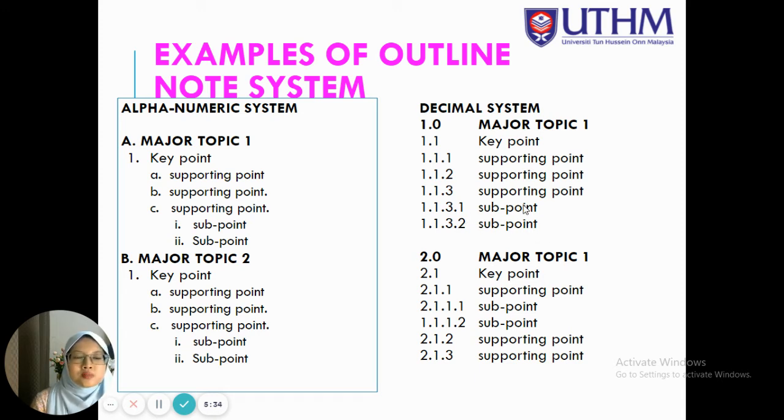These subpoints belong to 1.1.3. Normally people in offices use this kind of decimal system so that it is easier to track the information, for example, minutes of meeting.